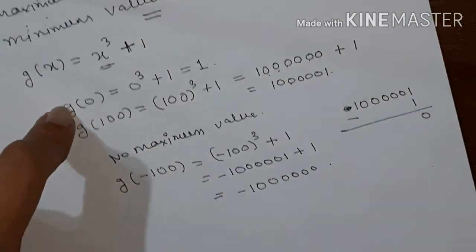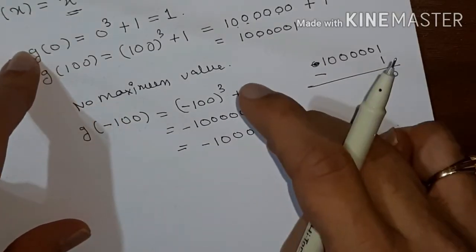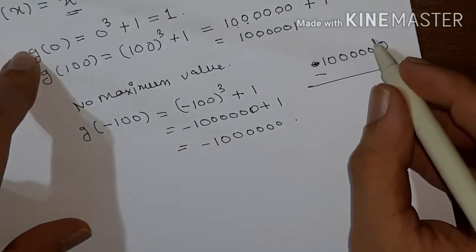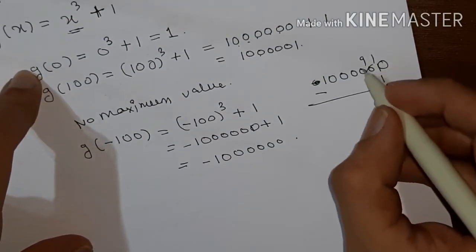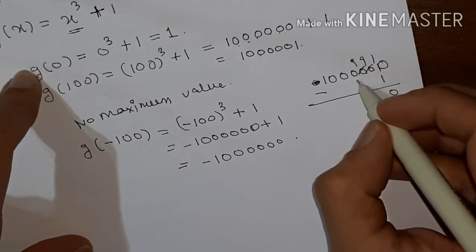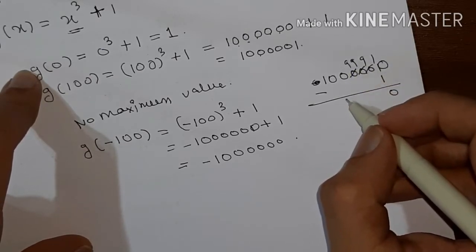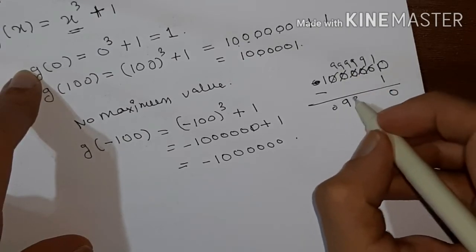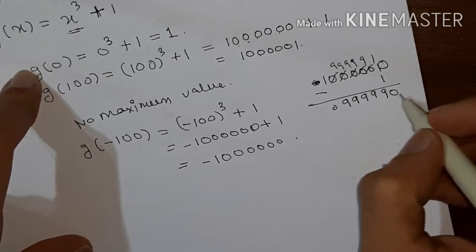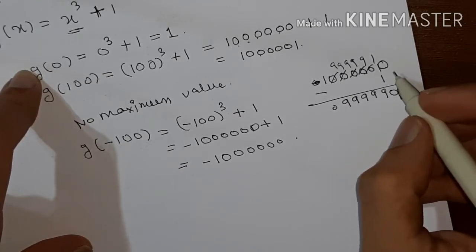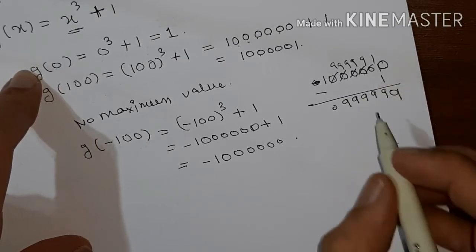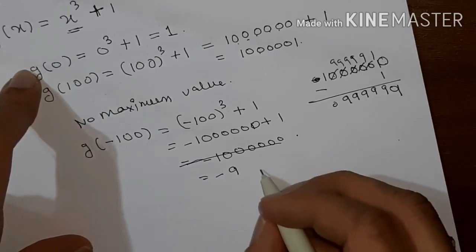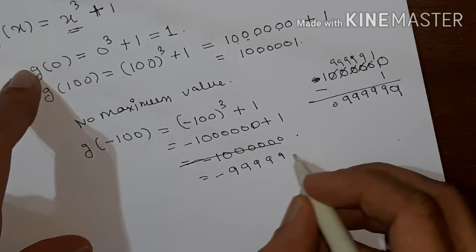First at 0 it was 1, then it became what? The subtraction gives 9 9 9 9 9 9, so it is minus 9,99,999.